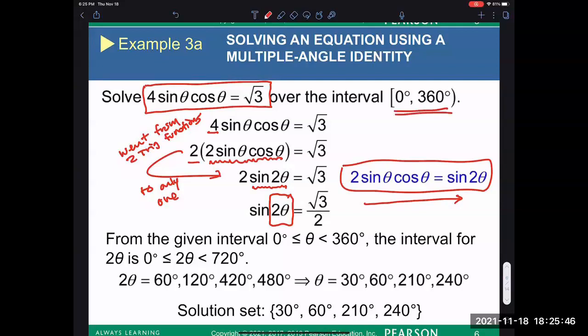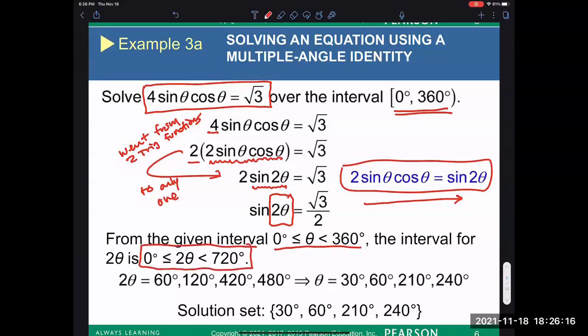So first we'll deal with this restriction on theta. Restricting theta to 0 to 360 degrees to see how that affects 2 theta, so we can find what sine angles we need here. I get 2 theta by multiplying everything by 2. If I multiply 0, theta, and 360 by 2, I get that 0 is less than or equal to 2 theta, which is less than or equal to 720.